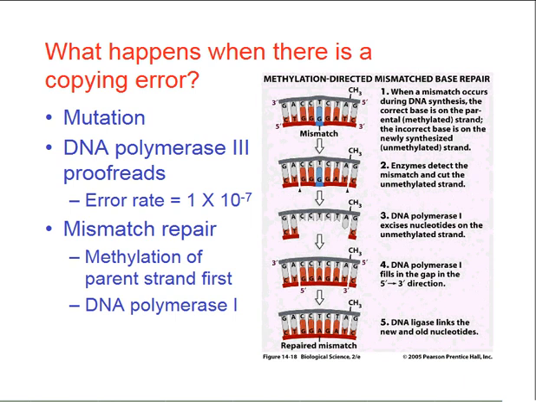This is what happens, for example, in people who have sickle cell anemia. It's a change of just one little error or mutation in the DNA that creates a pretty profound disease for these individuals. Anytime that you have a copying error, that is called a mutation. And these happen spontaneously. Every time your cell copies itself, it is going to have at least a handful of mutations that occur.